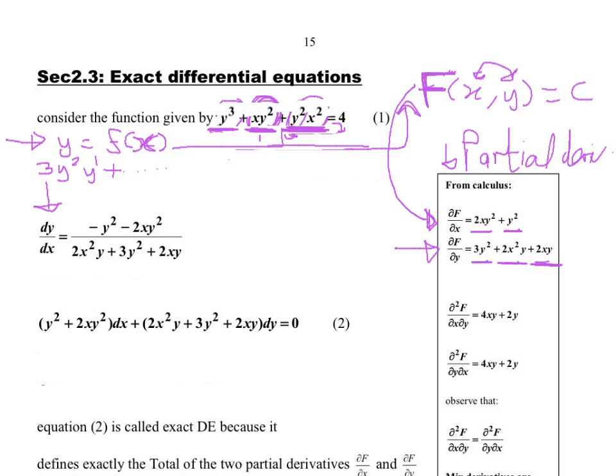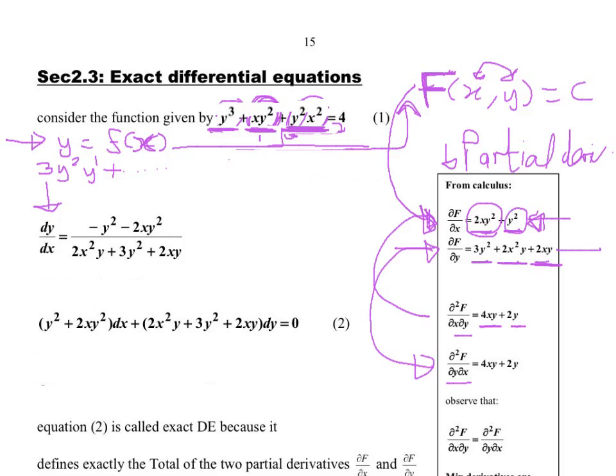We can also talk about the second derivative. You can differentiate this again with respect to y and this again with respect to x, so you are finding the second partial derivative. We say this is a mixed partial derivative. If you differentiate this with respect to y, then you assume x constant, so this will be 4xy, and this will be with respect to y 2y.